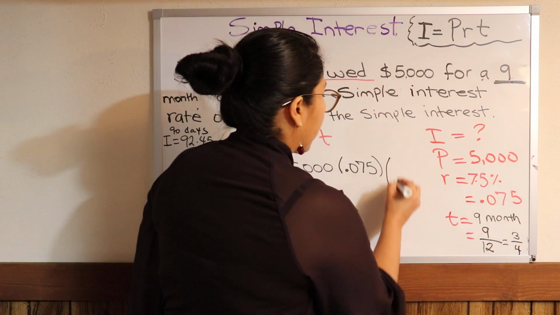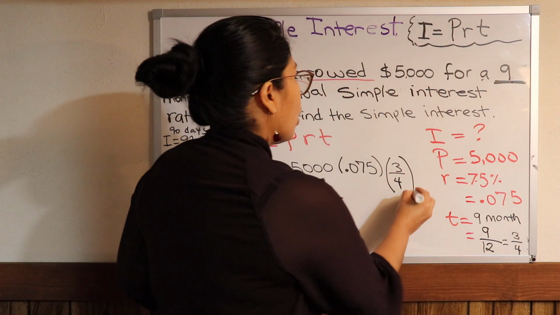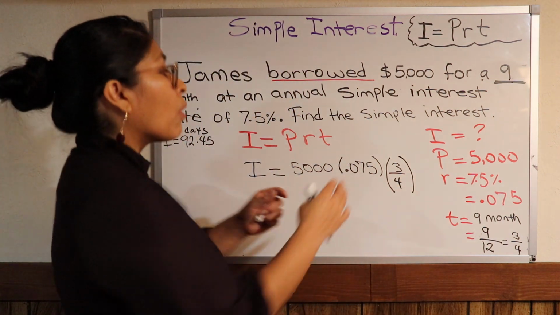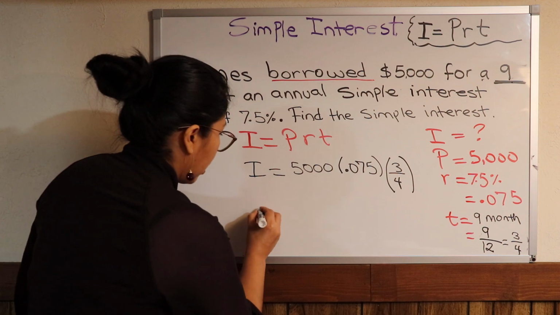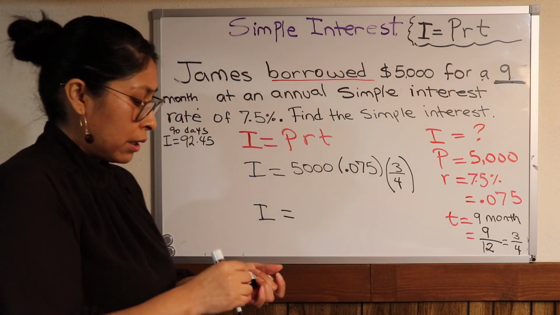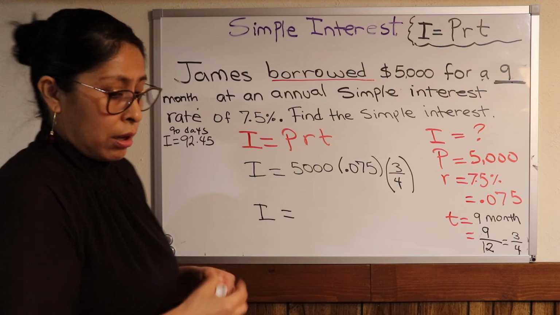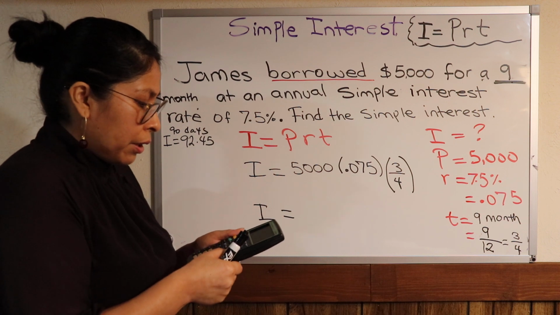So we're going to multiply by 3 over 4, or just 0.75, so it's up to you. You can actually change it to a decimal. 3 over 4 is 0.75, and then just multiply. Again, because of the time, we can actually simplify this, okay? But we're going to use the calculator.